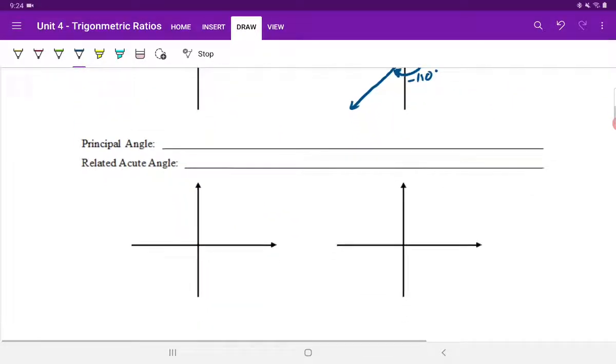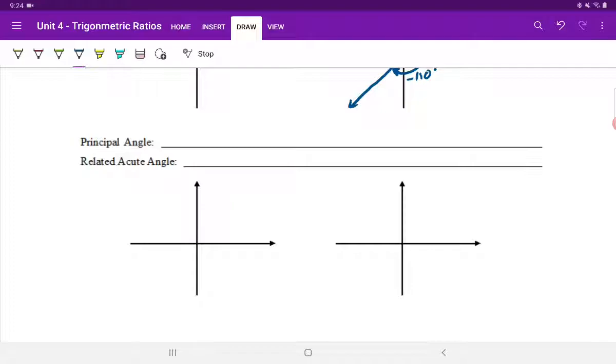Okay, two very important definitions that you're going to hear me use throughout the next couple lessons is the idea of a principal angle and a related acute angle. The principal angle is denoted by the symbol theta, just a letter in the Greek alphabet.